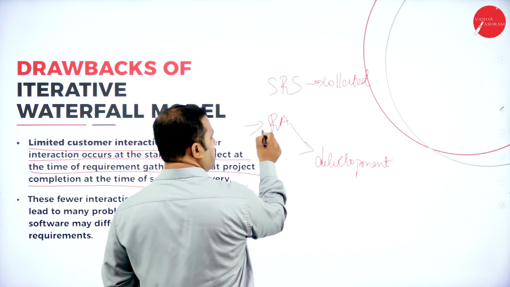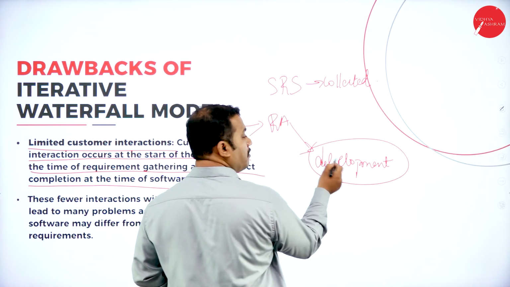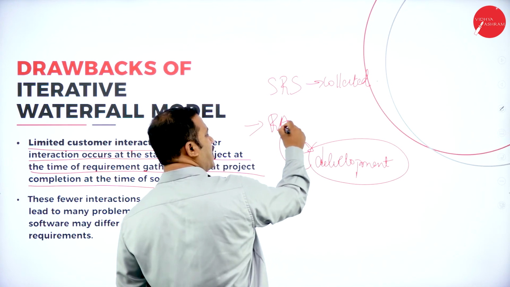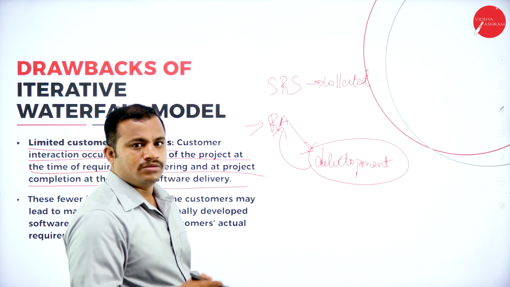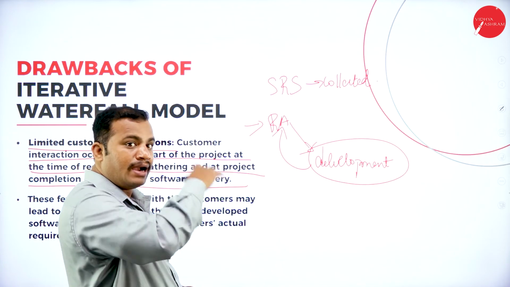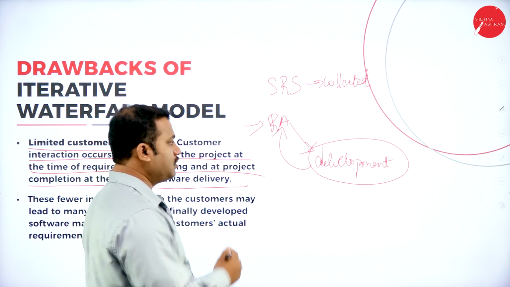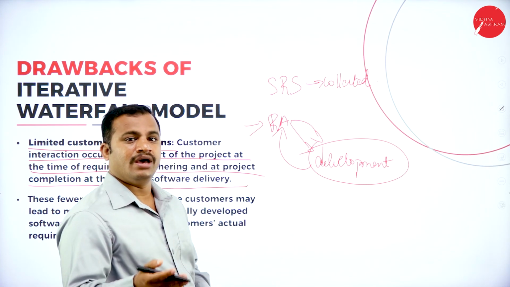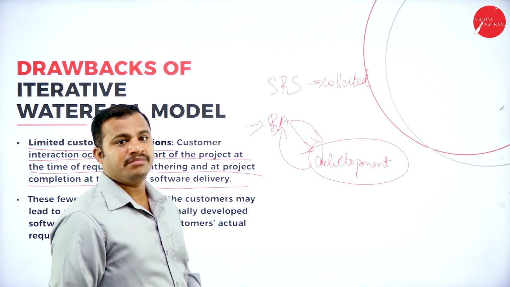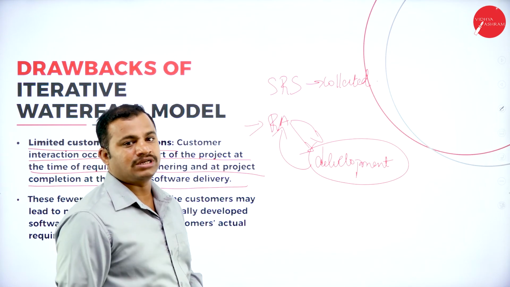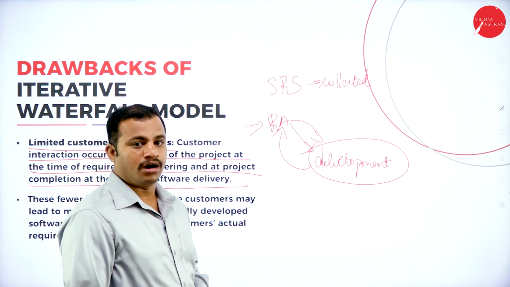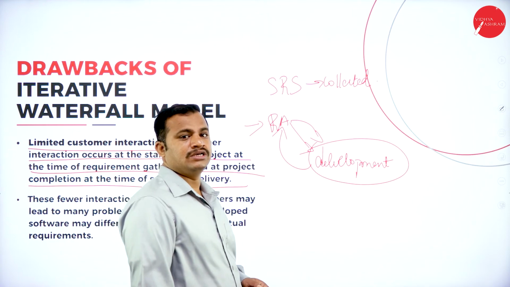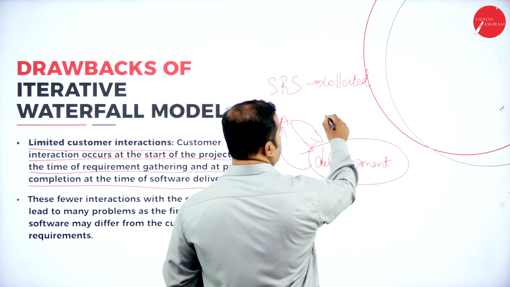If the customer comes back with any changes during development, we cannot go back and ask him to suggest the changes he had asked for. The requirements must obviously be incorporated. That leads to effort in terms of time, which is very costly, and budget is another important criterion that needs to be addressed with the iterative waterfall model.